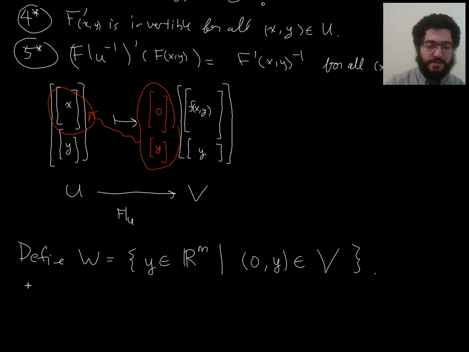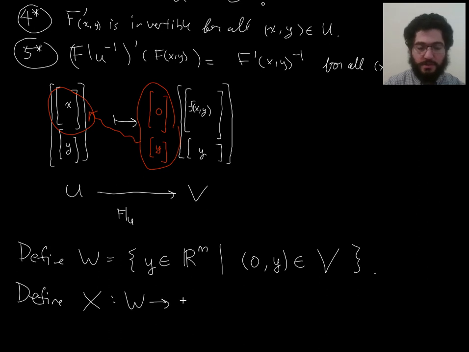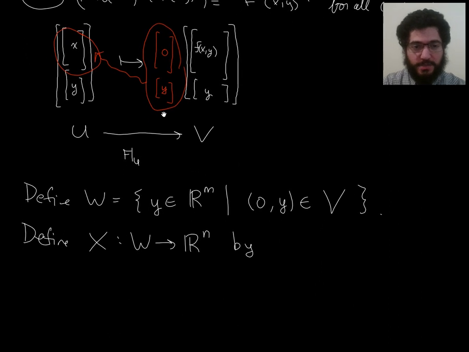Okay, now I can start talking about defining x. So capital X from W to Rn. I'm trying to describe this red mapping basically.